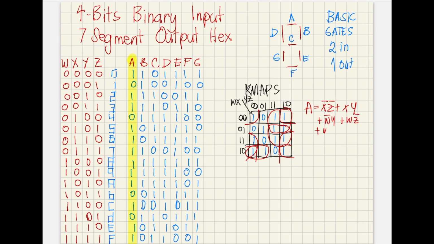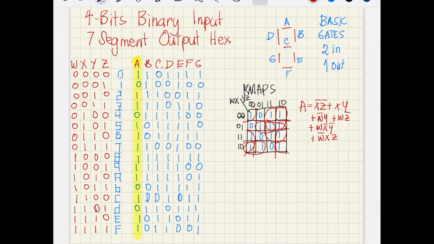Of course, we have a pair, so we have W, X bar, and Y bar, and the last one will also be a pair, since there is no more adjacent one, that will be W bar, X, and Z. That's it for our letter A.